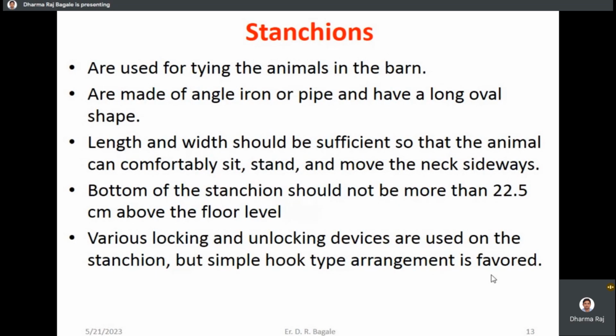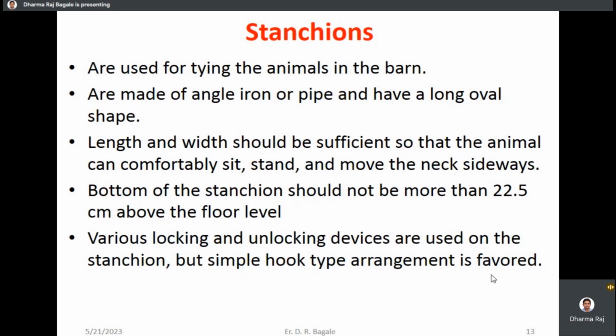Here in case of Nepal, we usually tie the animals with the rope, but in Western countries we find animals are locked in these stanchions of oval shape, so that the animal can move their head up and down easily, and move the neck sideways, and they feel comfortable while sitting and standing, and they are not tied in the neck, but they are locked with some simple arrangement.